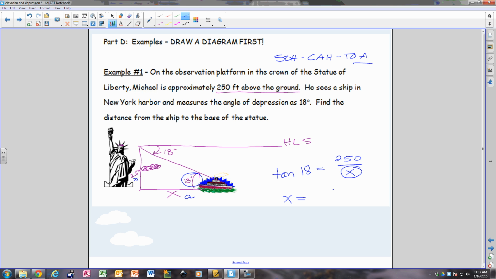So x is 250 divided by the tangent of 18. So solving, typing it into the calculator, we find out that 250 divided by the tangent of 18 is 769.4, and this is in feet. And there's our answer. So we read the problem, we used what information was given, we drew our picture, and we solved.